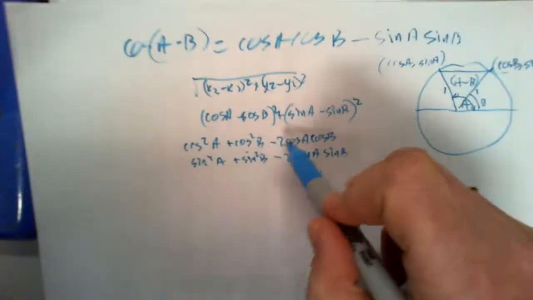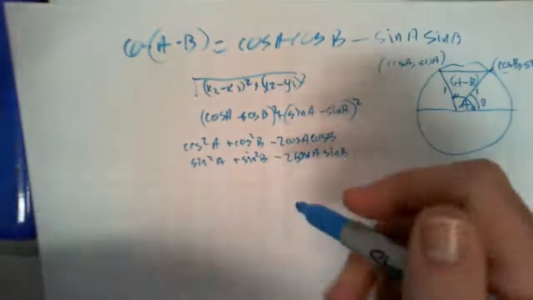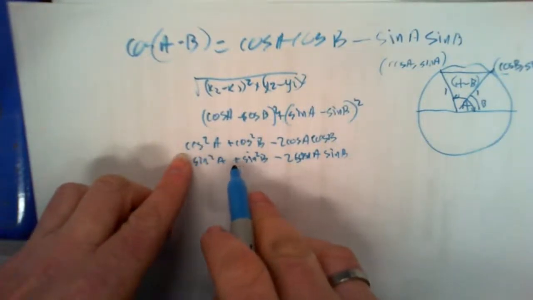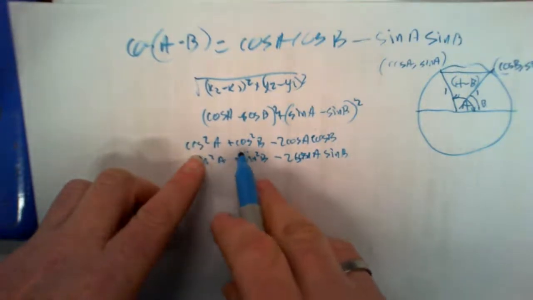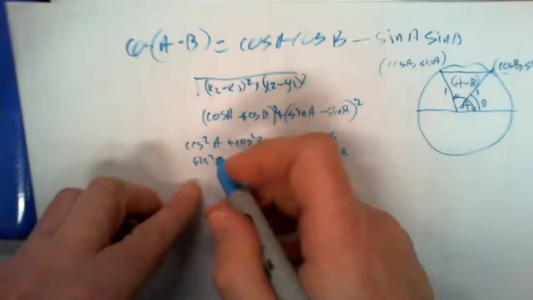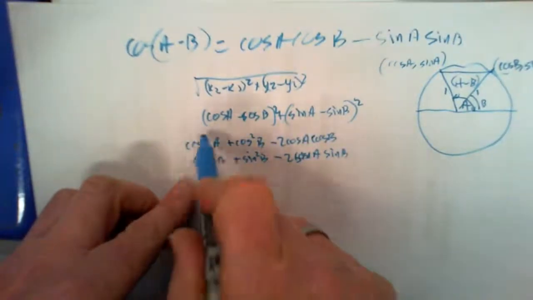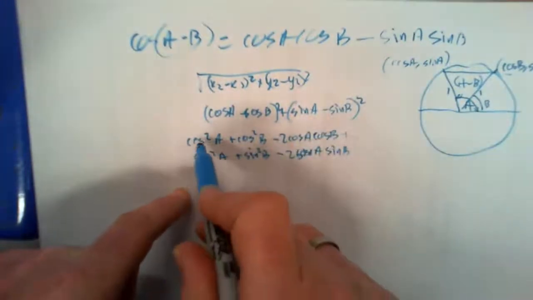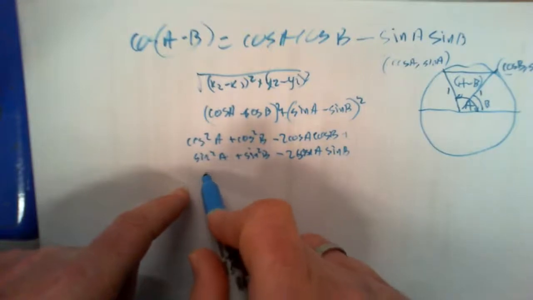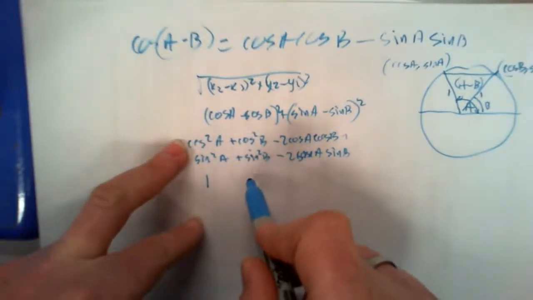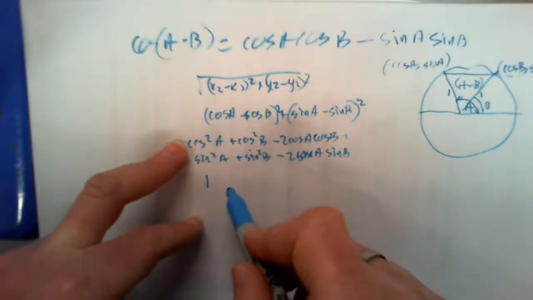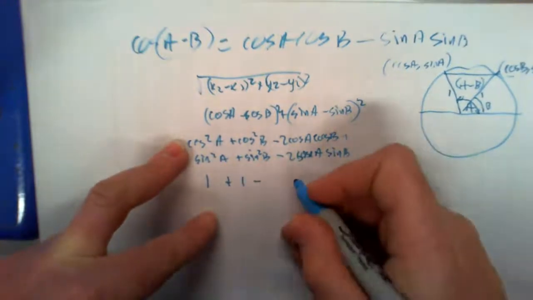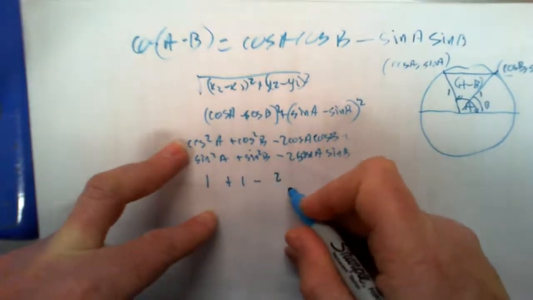So that is that. But what do we know? Cos squared A plus sine squared A is 1. And cos squared B plus sine squared B is also 1. So 1 and 1 is 2. Remember there's a plus between these pairs.